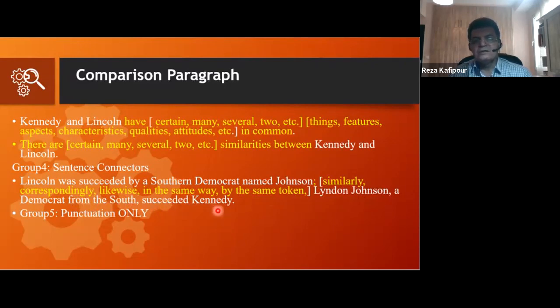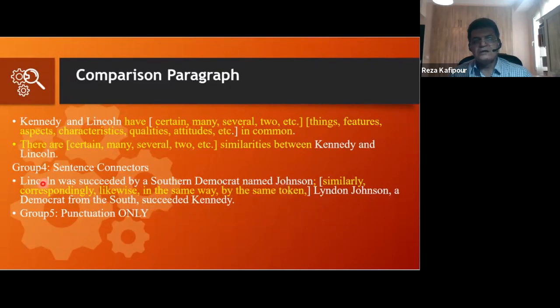So here we are talking about the same degree of comparison. So what is the same degree of comparison? Succeeded by a Southern Democrat named Johnson.